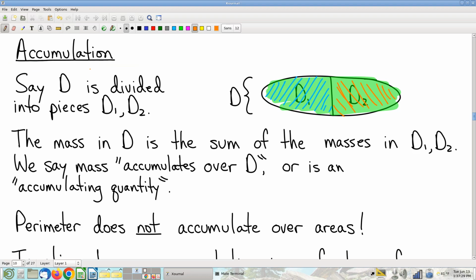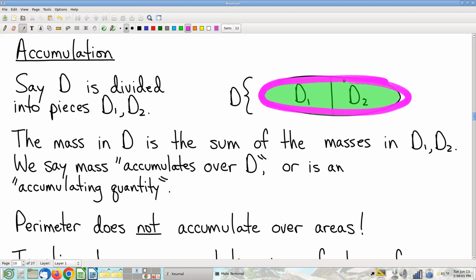Now, a silly observation, and this is just to kind of, let's not lose control on this thing. Not every quantity that I could conceivably be interested in is an accumulating quantity. Not every question I can ask about an area, that is, right? If I look at this area again, not every question that I can associate to this area is an accumulating quantity. So my favorite counterexample is perimeter.